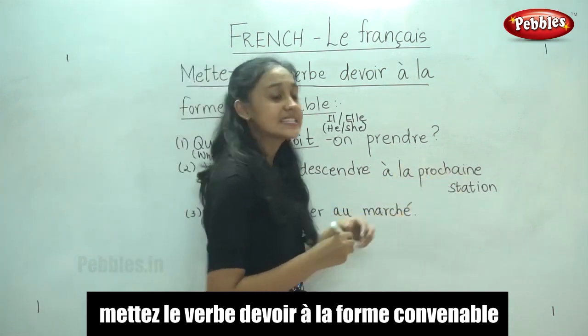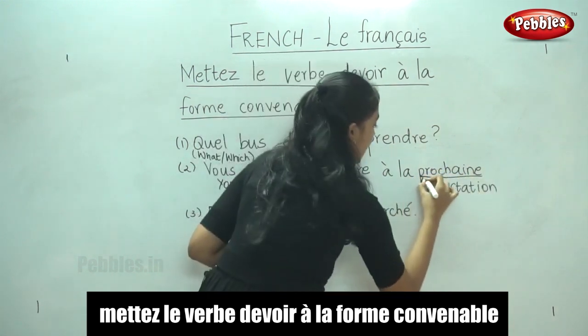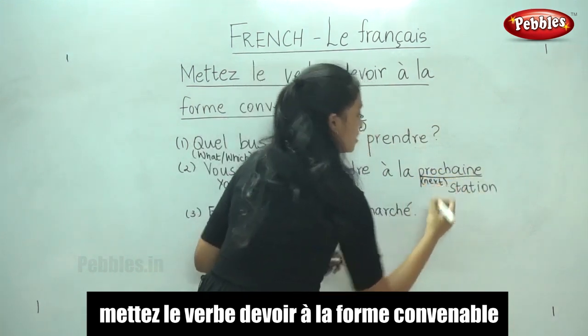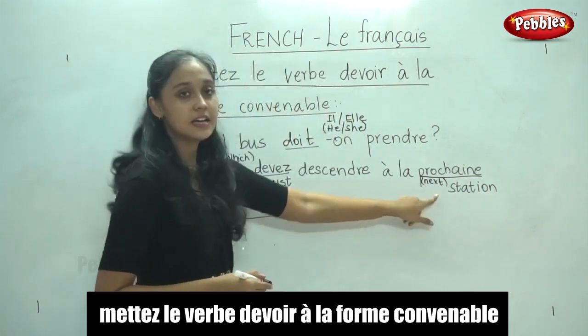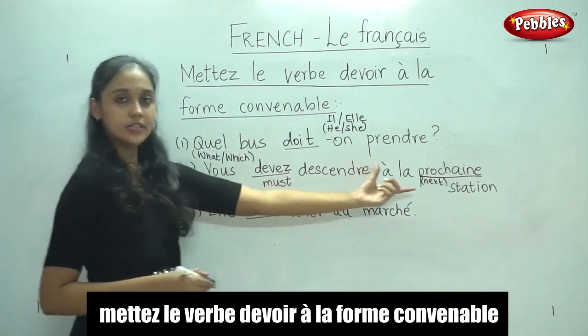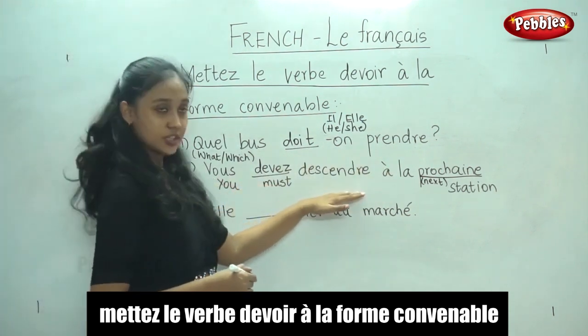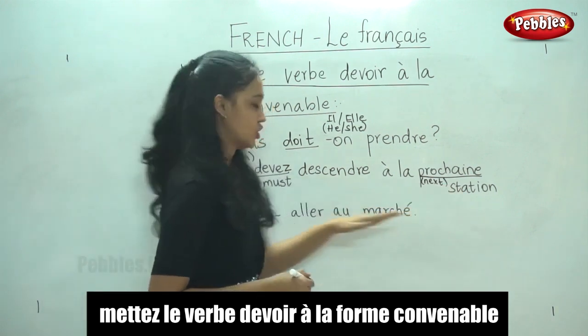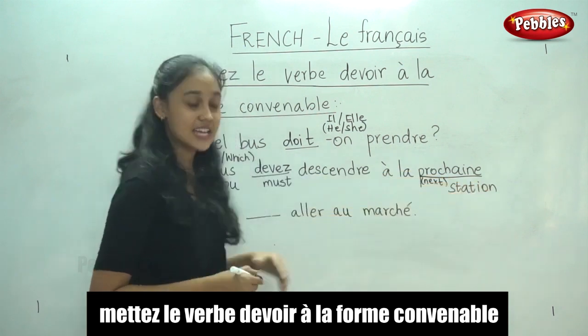At the next station. See this word prochain. It means next. So we will be learning these words in the coming classes. For now, just note down that word. So vous devez descendre à la prochaine station. You must get down at the next station.